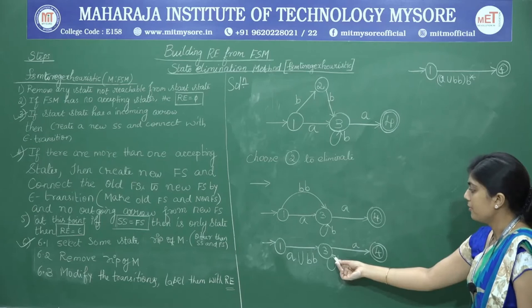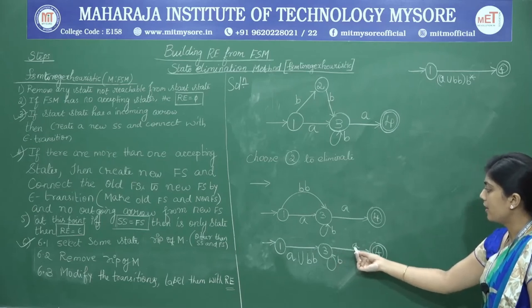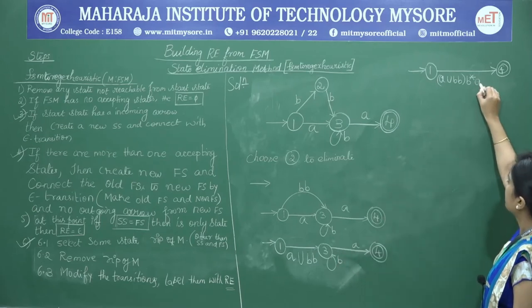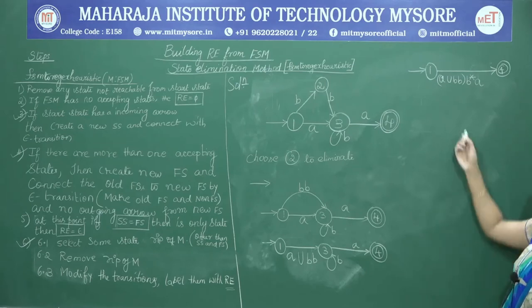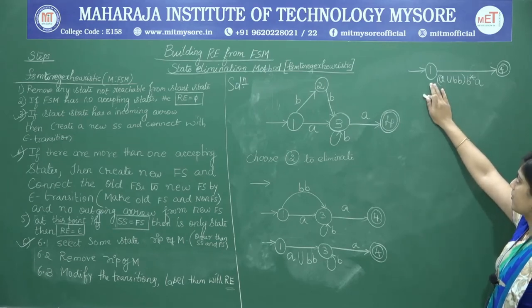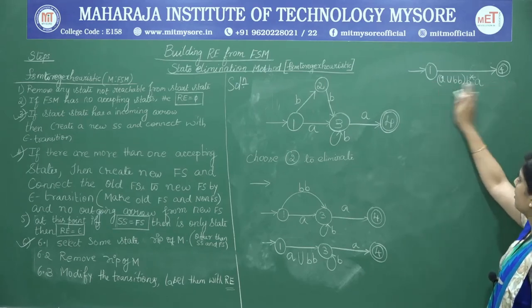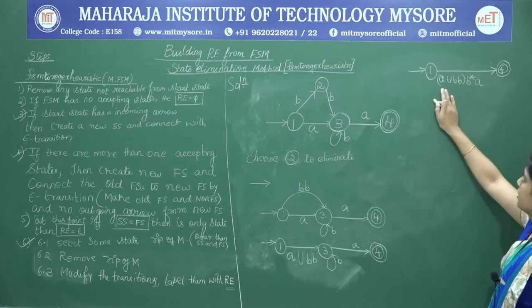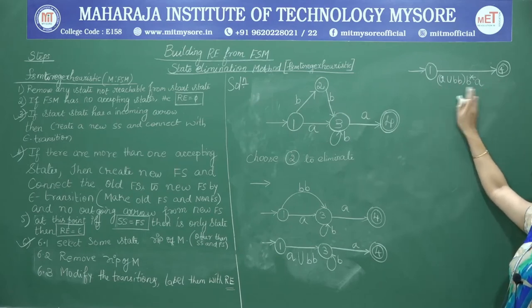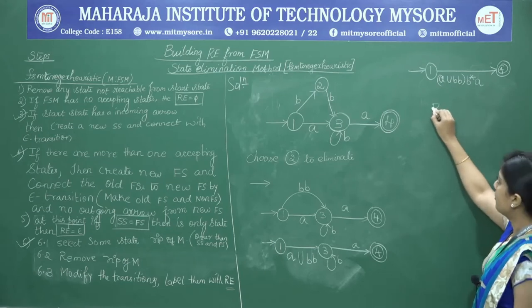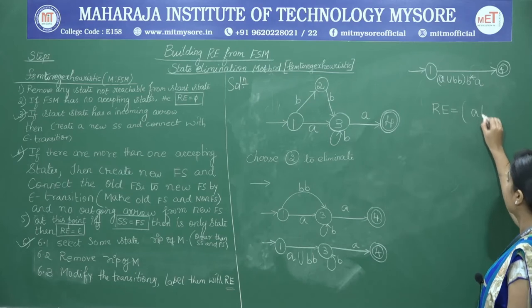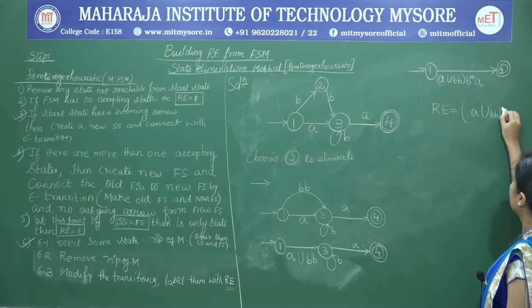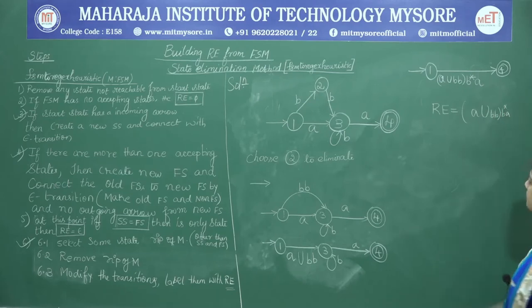Next, after B star it is followed by an A. So I am going to write here A. So this is the regular expression that we are going to form, because the only states which are left are the start state and final state. Once we are left only with the start state and final state, this is nothing but our regular expression. So therefore the regular expression is equal to (A union BB) B star A.